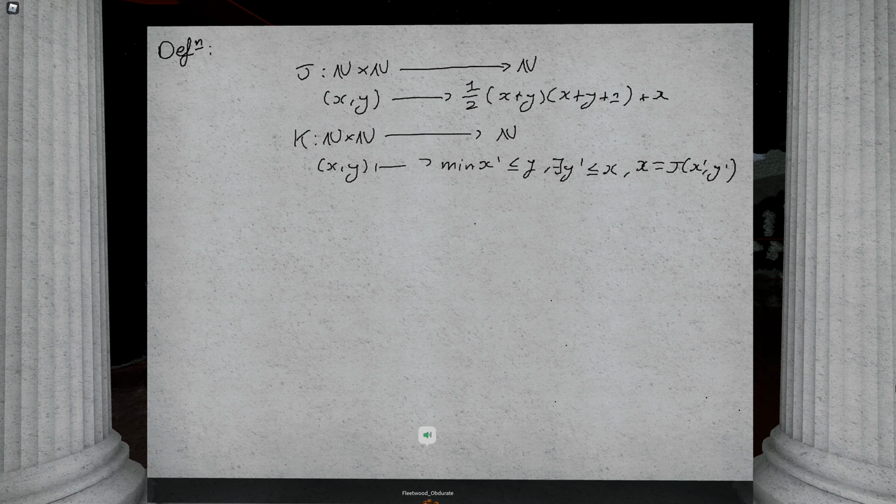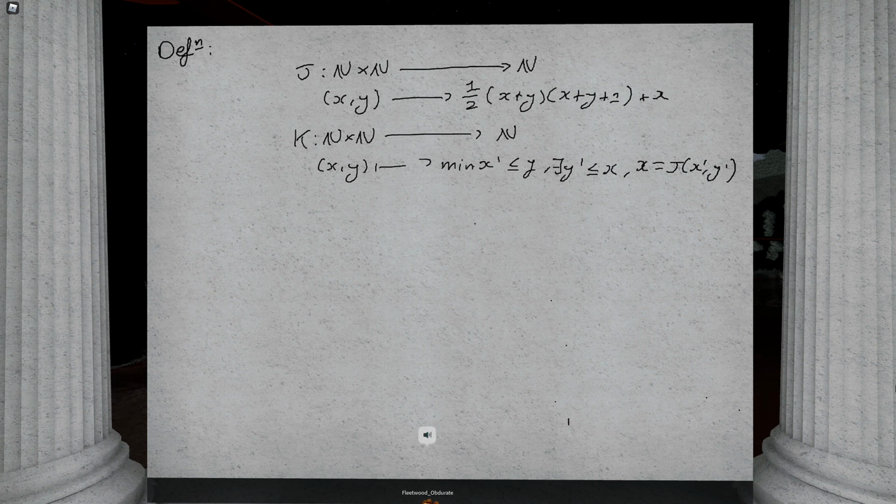Okay, so the point is J is injective, right? And so when I look for the minimal x prime for which there exists a y prime less than or equal to x for which x is equal to J x prime y prime, I can give as input x here the value J x y. And then by injectivity, that's going to go into that injective function and pluck out x y, but it's going to throw away y. And so this function K just returns the value x that you gave to J.